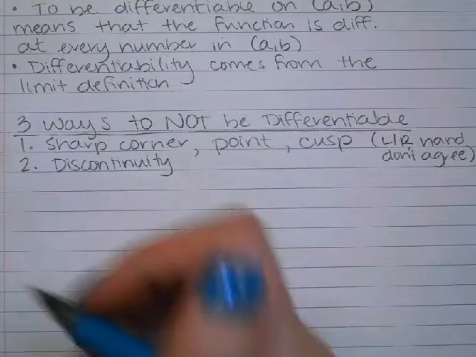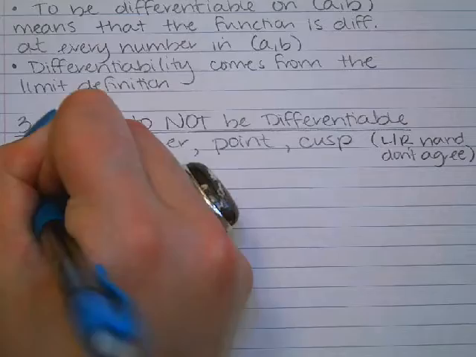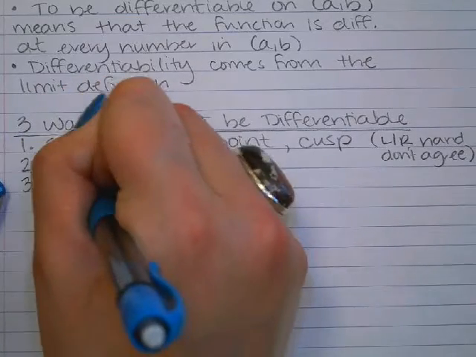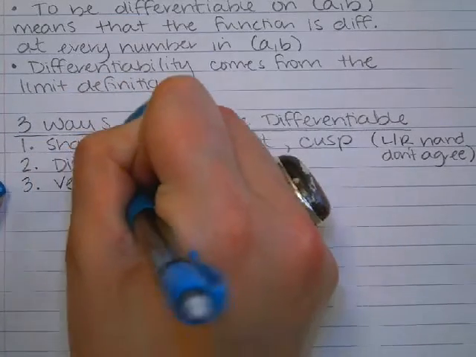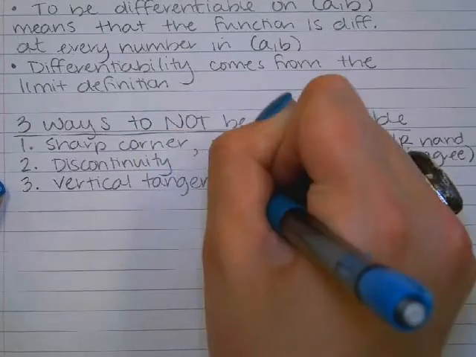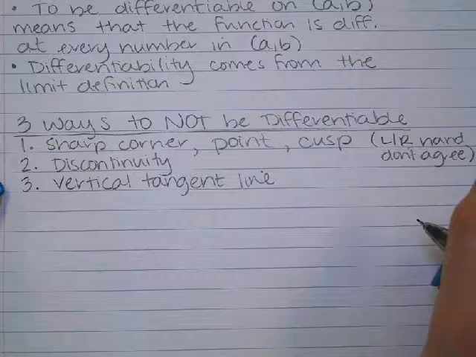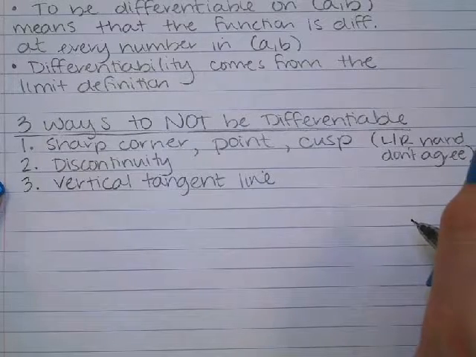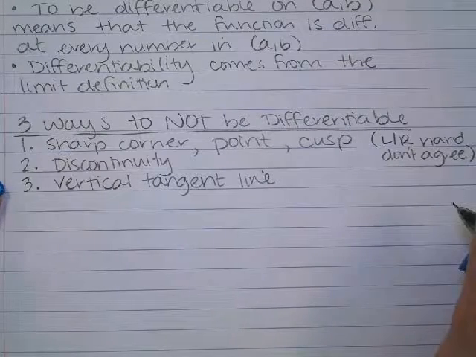All right, the third way is if you have a vertical tangent line. So what do I mean when I say vertical tangent line? Like the cube root graph.